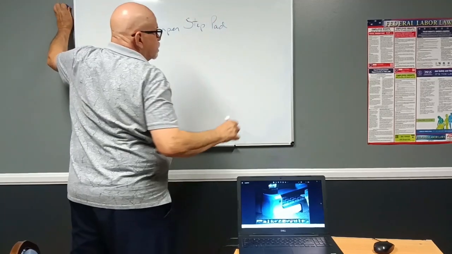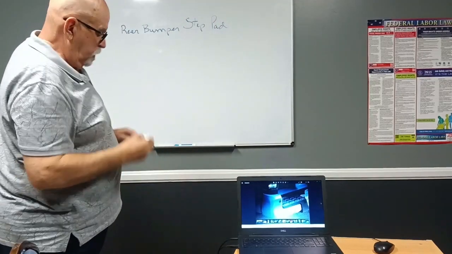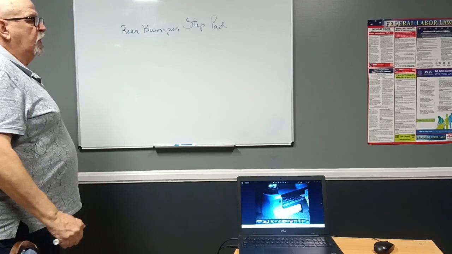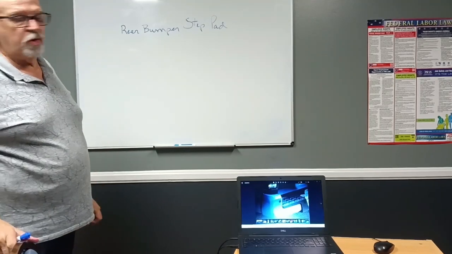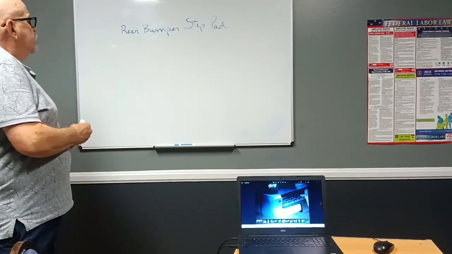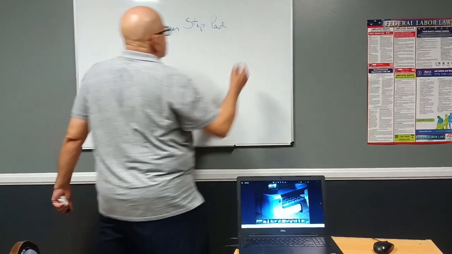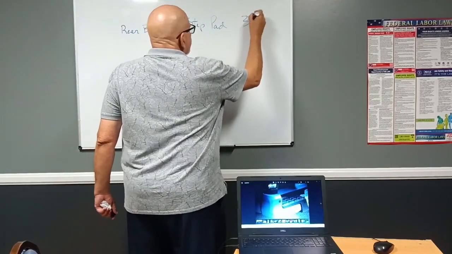It didn't happen in this one because this vehicle happened to belong to a claimant as opposed to an insured. So the cost of that step pad, let's just say, off the top of my head, is $350.